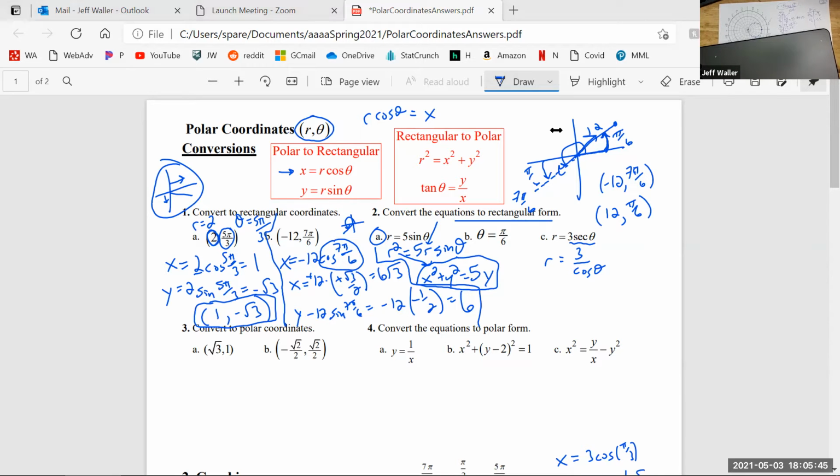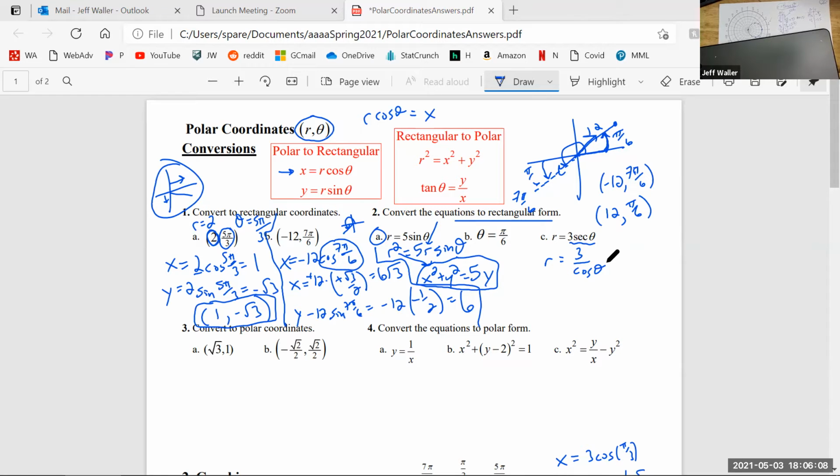R, exactly. If I saw an R next to cosine, that'd be nice. Do I want to multiply top and bottom by R, or is there a better way to make an R show up next to cosine? What else can I do with cosine? Look how it's on the bottom of things. What can I do to get rid of this cosine? And it also does other nice things for me.